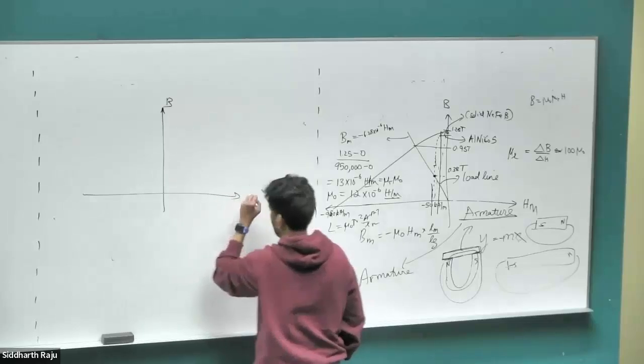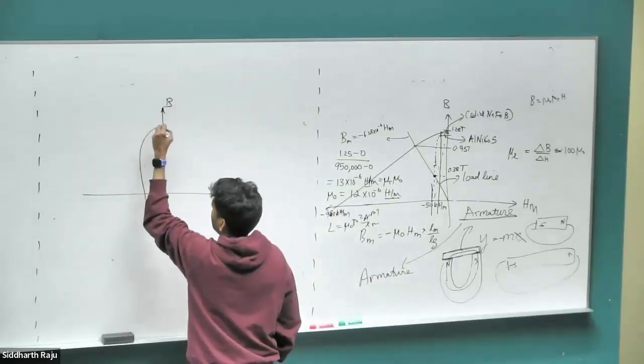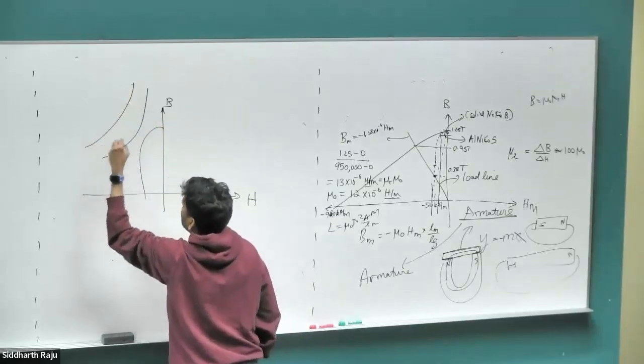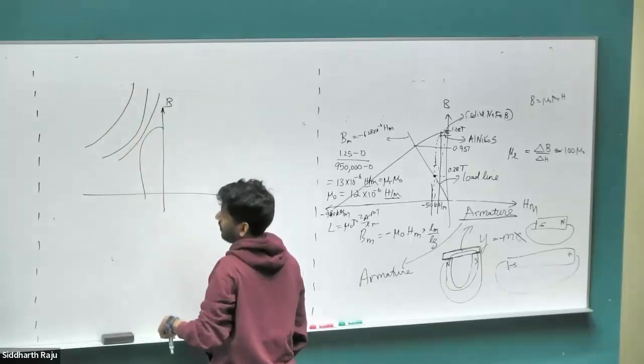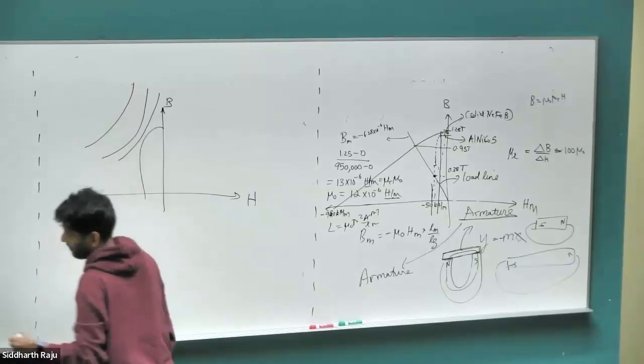So we have the BH curve. This is our magnetic field curve. And we are going to plot different values for this HMBM, right?